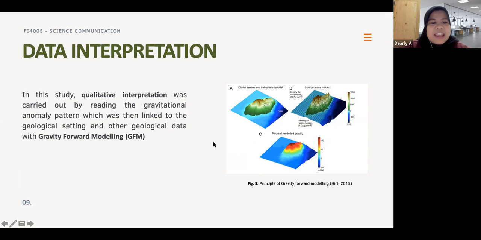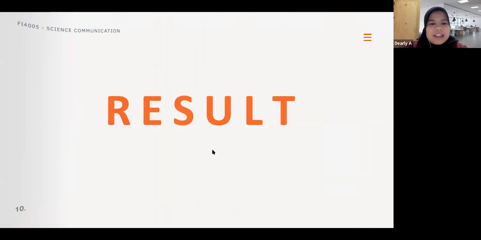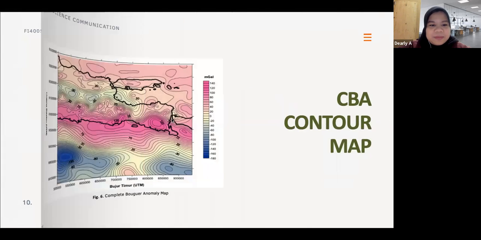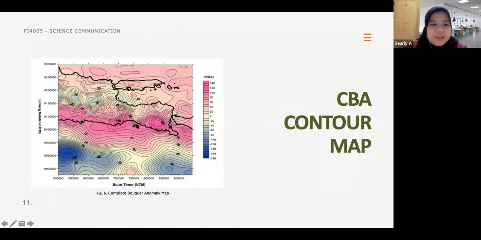This modeling used the concept of trial and error, determining the parameter values to produce a model that fits the field data values. And the result, the research begins with digitizing the Bouguer gravity anomaly map.